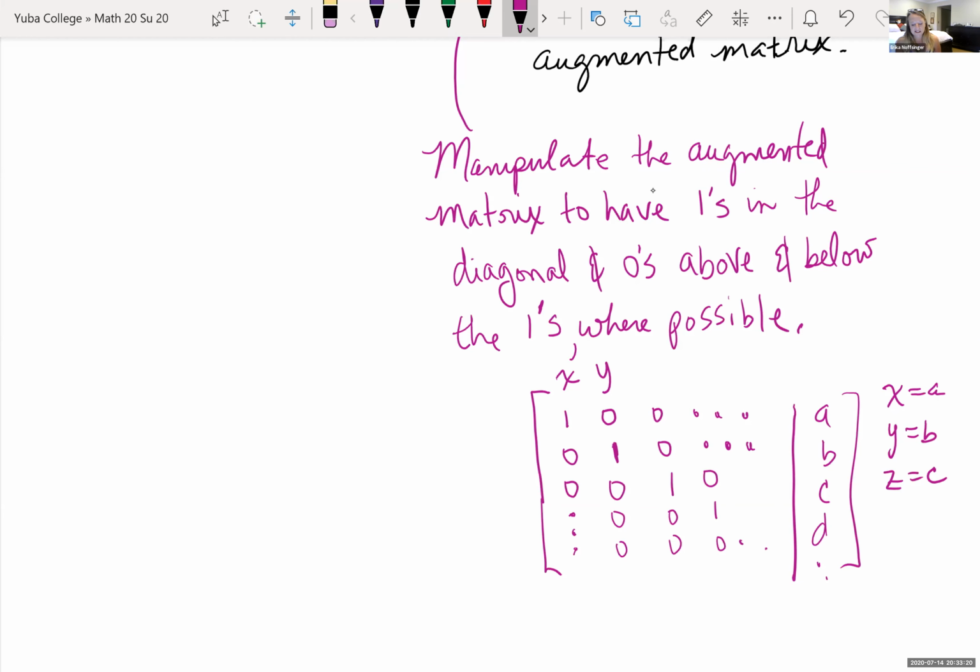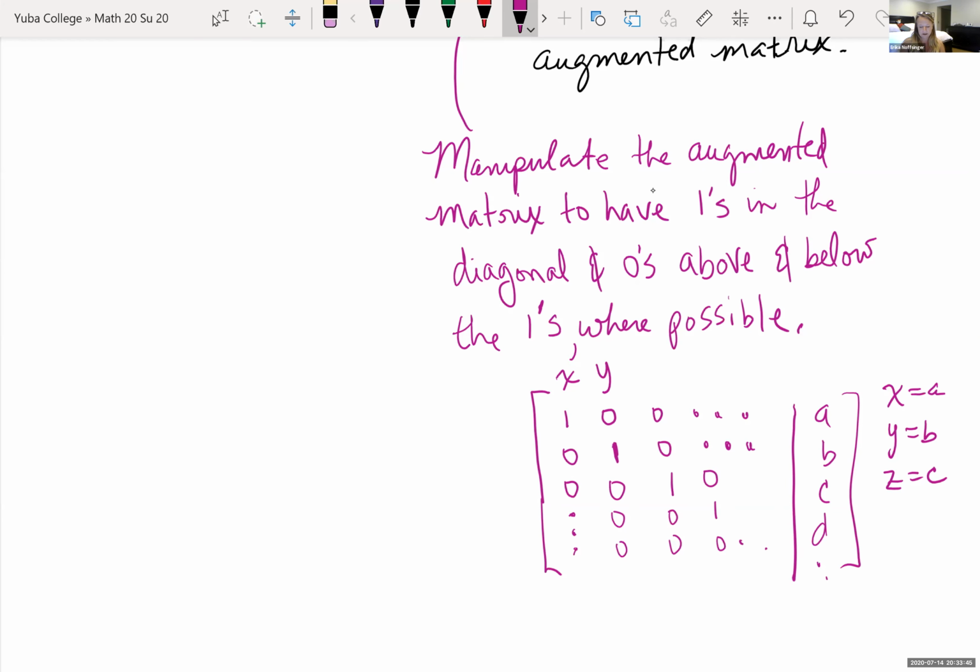So we can do the same exact thing that we were doing when we left the variables in there when we were dealing with the systems of equations. You can interchange your equations around, or rows. You can multiply an equation by a non-zero constant, or row, or you can sum it with a non-zero constant multiple of another row.